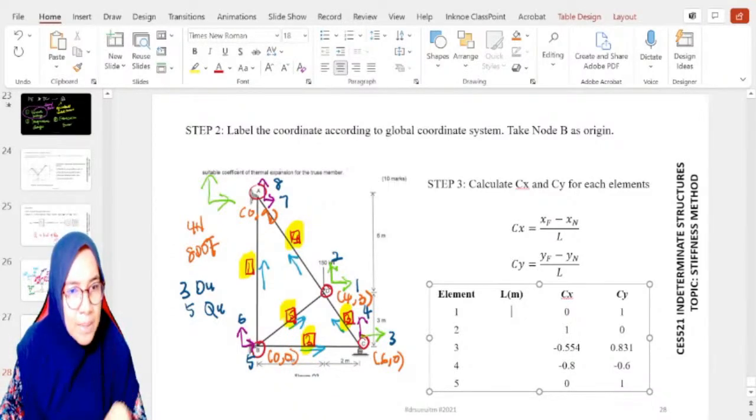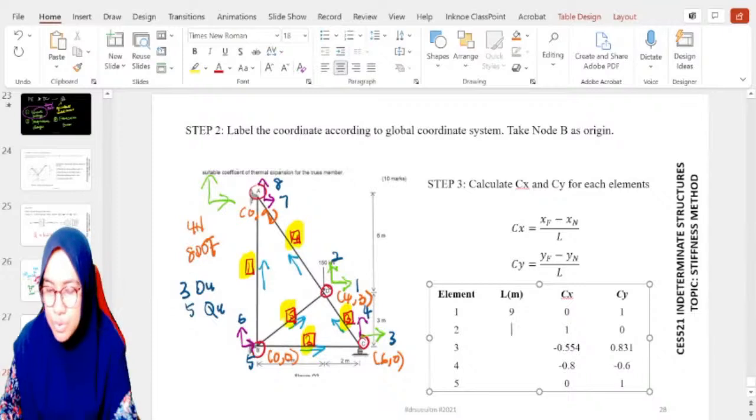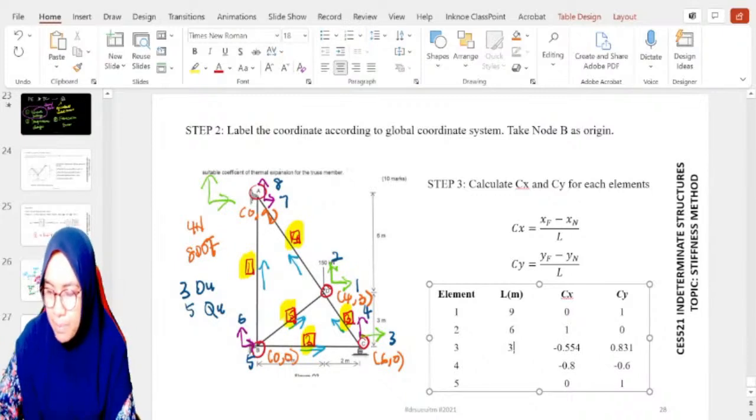The length for element number 1 is 9, element number 2 is 6, and element number 3 is 3.61.